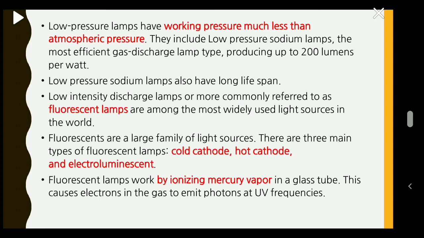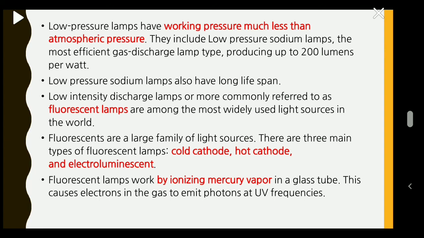Fluorescents are a large family of light sources. There are three main types of fluorescent lamps: cold cathode, hot cathode, and electroluminescent. They all use phosphors excited by electrons to create light.